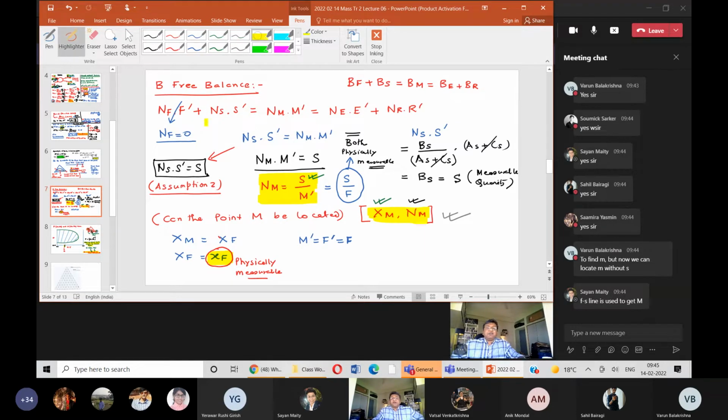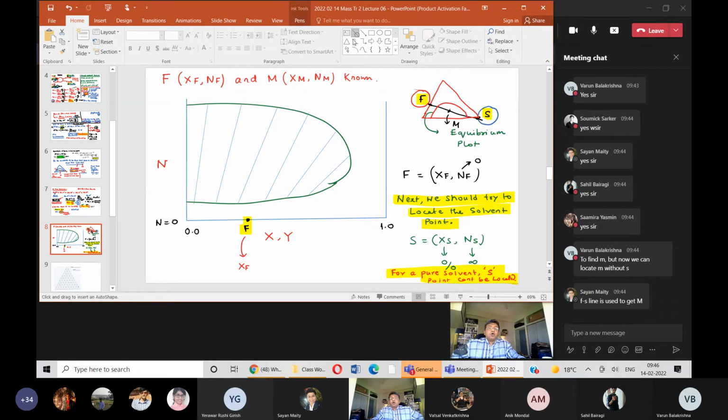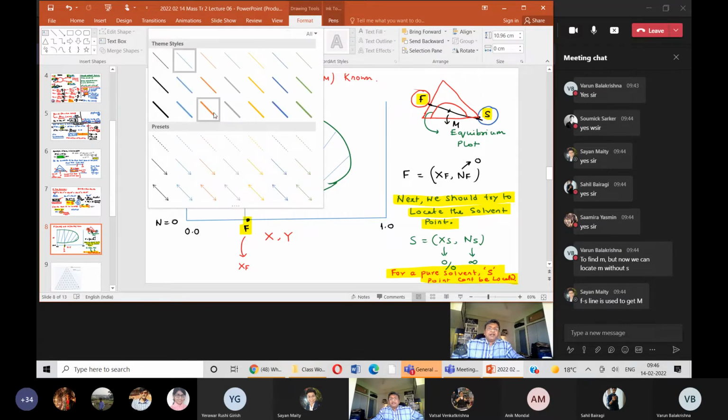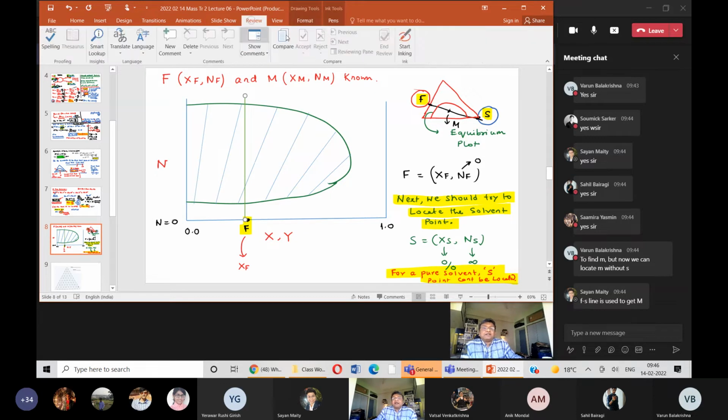And xm is equal to xf. Xm is equal to xf means that the point M is actually going to lie on a vertical line drawn at F. This is where the point M is going to lie. And of course, from the number, you can locate the point.